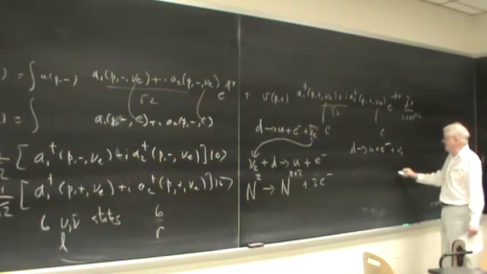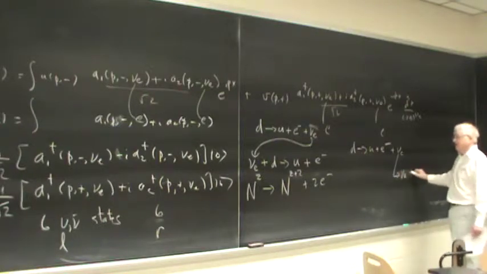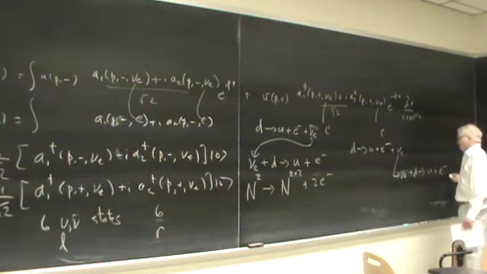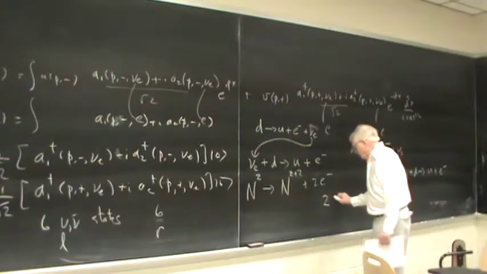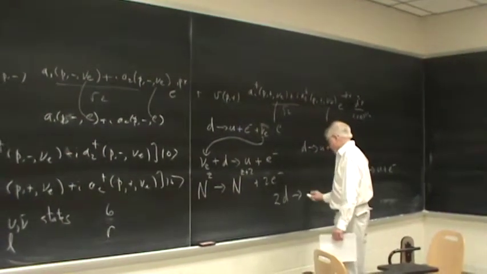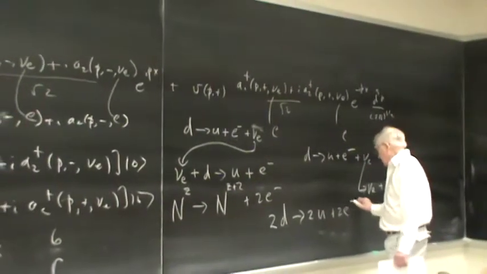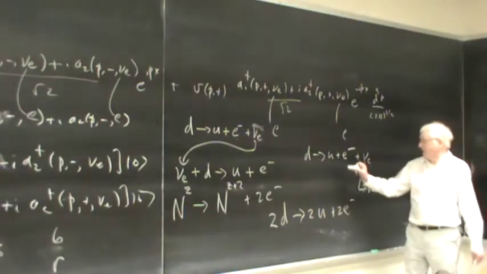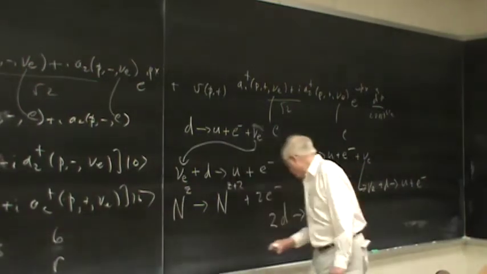Instead, this nu E comes down here and becomes nu E plus another D goes to another U plus another E minus. So the total process is 2D goes to 2U plus 2E minus, with an intermediate state.